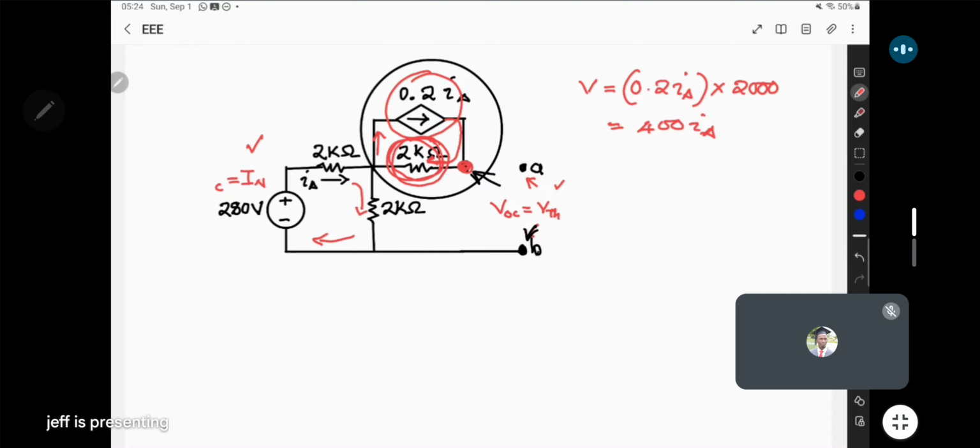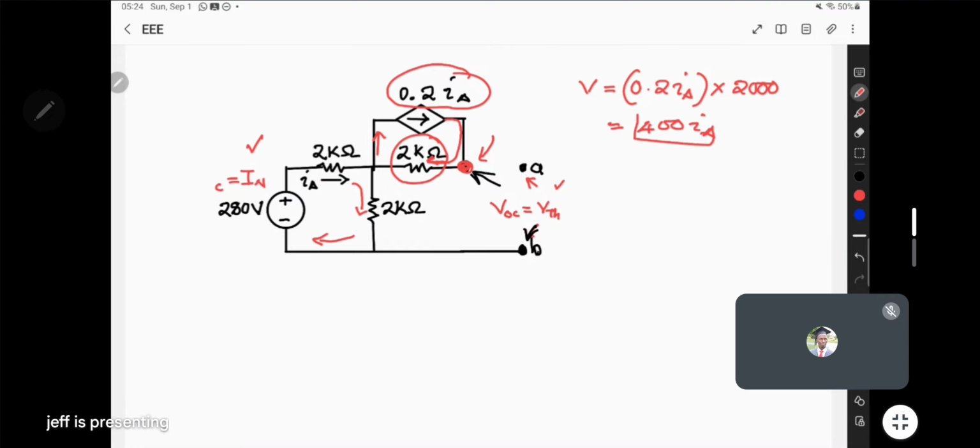In other words, based solely on the current source, this 0.2 I delta, the voltage that it is feeding to this node is equivalent to how much this resistor used up. Since this resistor used up this much, to this node, the 0.2 I delta is contributing, so I can say VA will be equal to, just based on this source, it is contributing 400 I delta much of voltage.